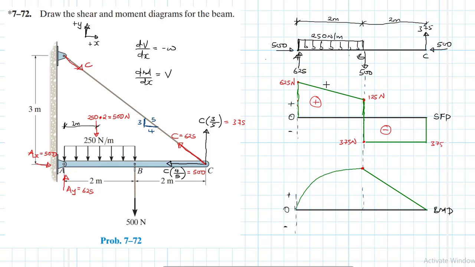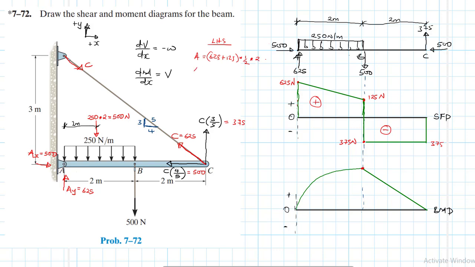Let's try the one on the left hand side. We just want to compare them. This is trapezoidal, so we say area is going to be equal to 625 plus 125, times half, times the length, or if you would want to call it the height, which is 2.